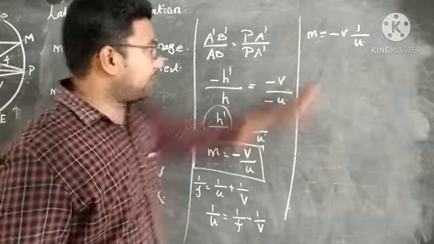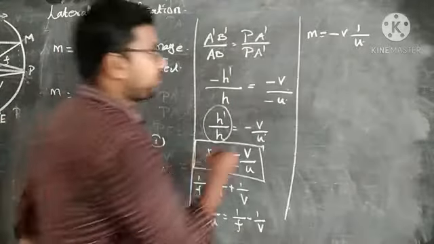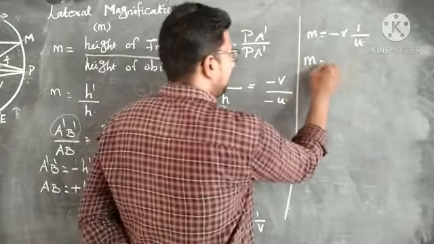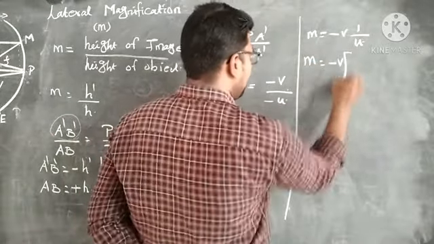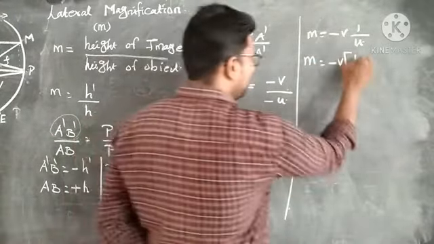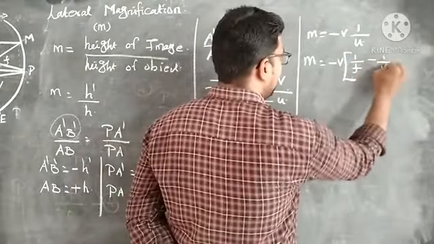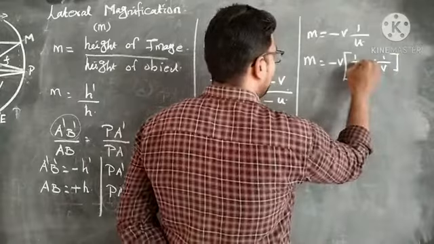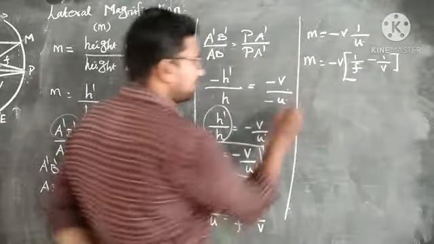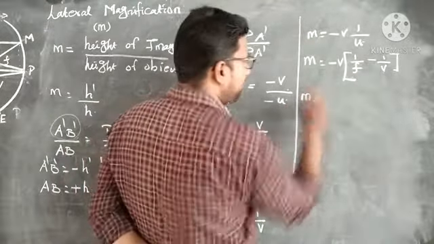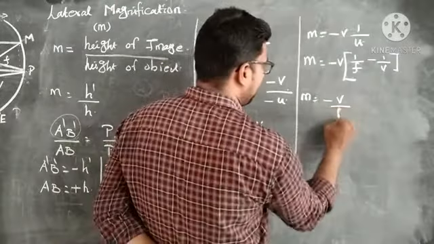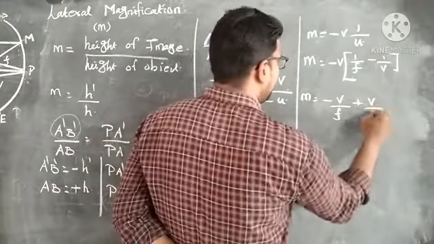Now substitute the value of 1 by u in the magnification factor. m is equal to minus v times 1 by f minus 1 by v. Now I am going to simplify this equation. m is equal to minus v by f plus v by v.